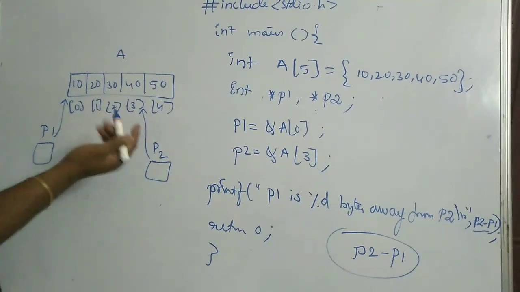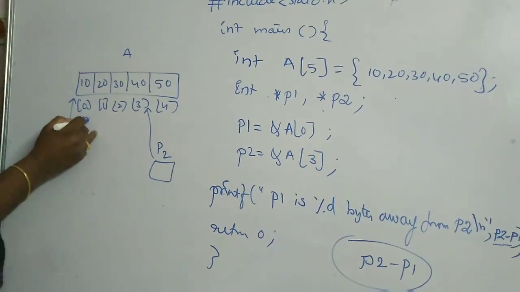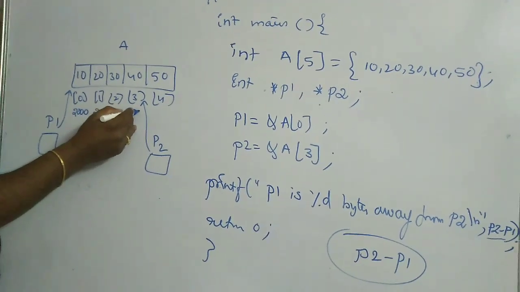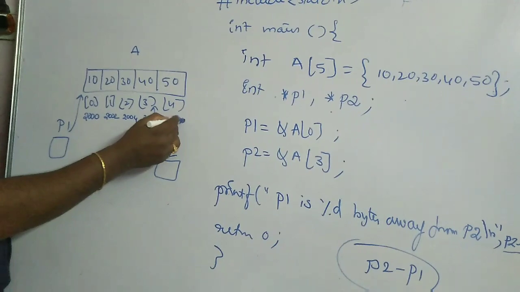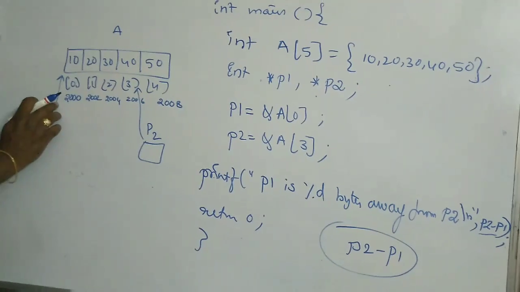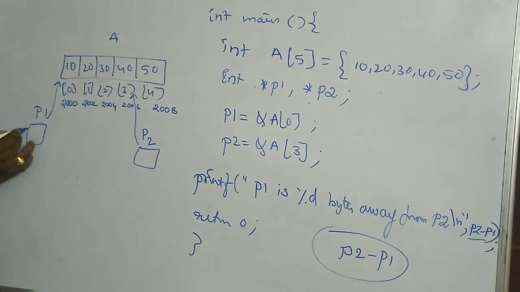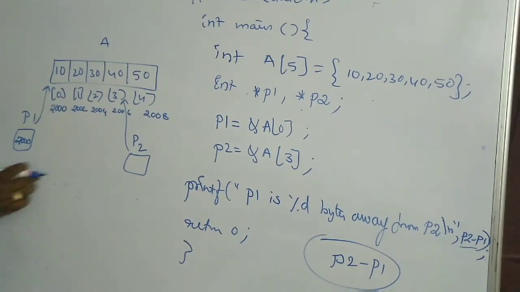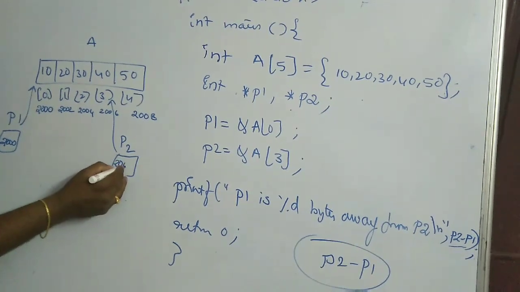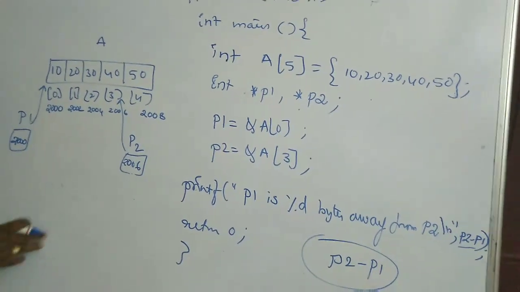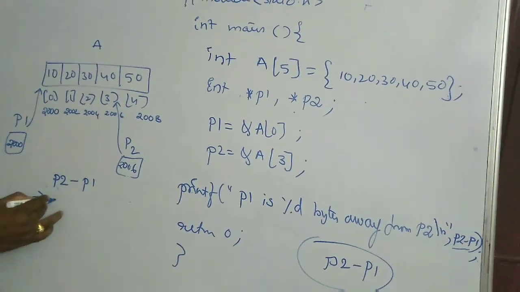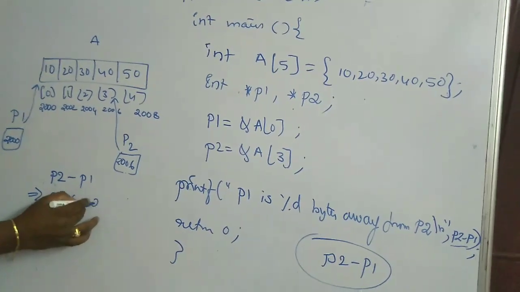If the address of the first element is 2000, then the next address will be 2002, then 2004, 2006, and 2008. So p1 is pointing to A means p1 has the address of the 0th element, that is 2000. And if p2 is pointing to the index 3 element, p2 has the address of the index 3, that is 2006. Now you can clearly see that p2 minus p1 implies 2006 minus 2000, which is 6.